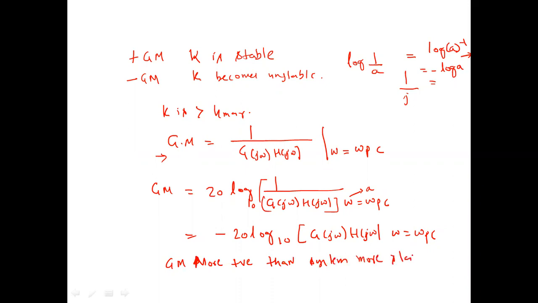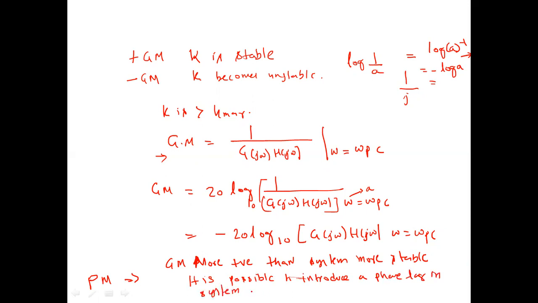Now comes the term phase margin. What do you mean by this phase margin? Similar to the gain margin, it is possible to introduce a phase lag in the system, that is, negative angles, without affecting the magnitude of G(jω) and H(jω).